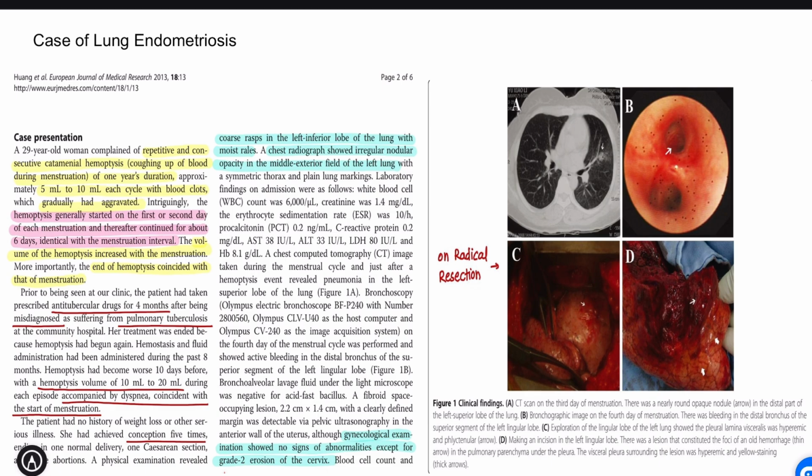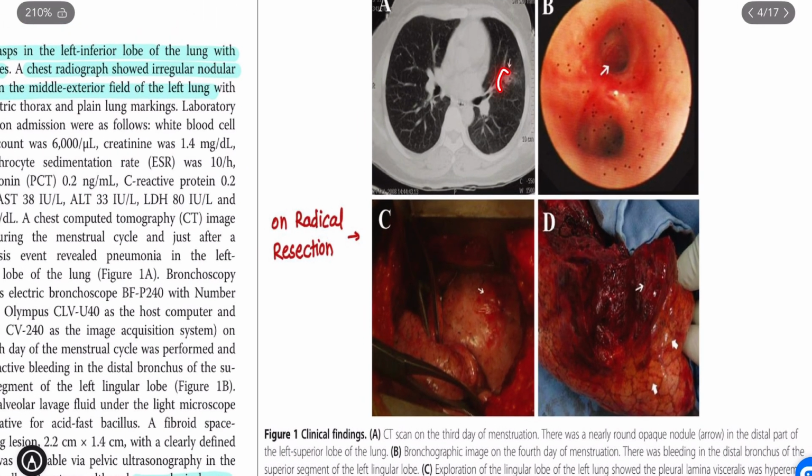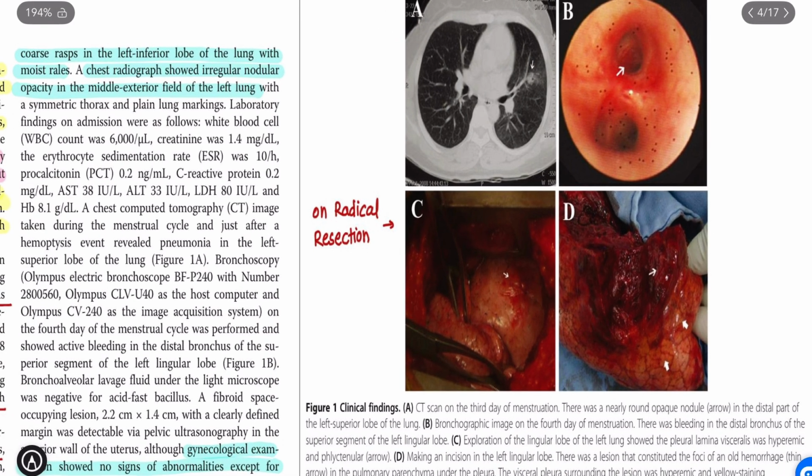Earlier this lady was misdiagnosed with pulmonary tuberculosis and was kept on anti-tubercular drugs, but her condition worsened. That's why when radiological examination was done, a nodular growth was seen on CT scan, and this growth was nothing but endometrial tissue. This is the bronchoscopic picture, and we can see distal bleeding.